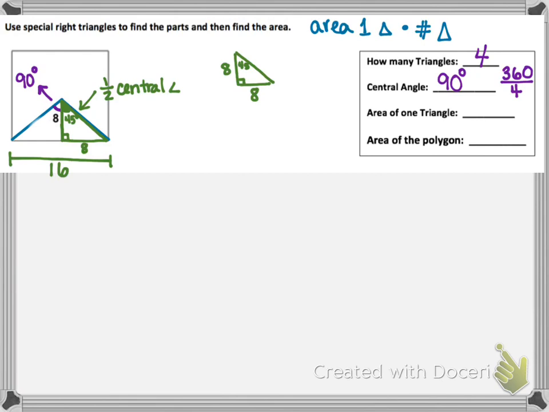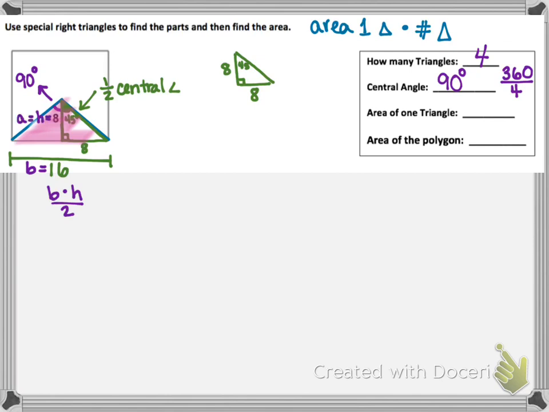So when it says to find the area of one triangle, I'm talking about this little pink triangle in there. That's who we're going to find the area of. So remember, the area of a triangle is base times height divided by 2. The side length is going to be your base. Your apothem is going to be your height.